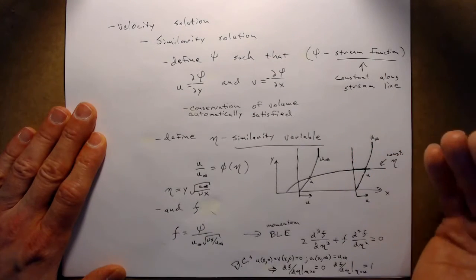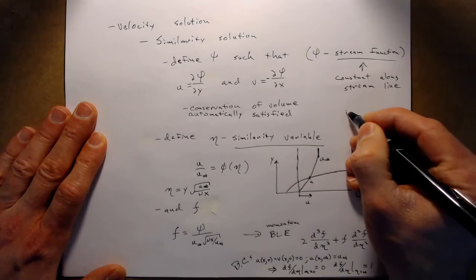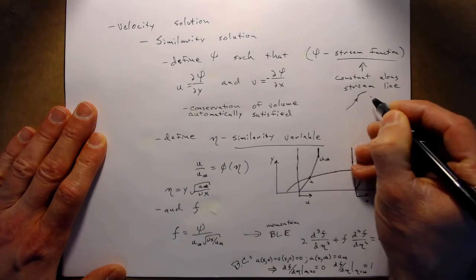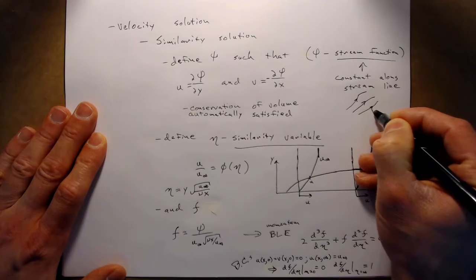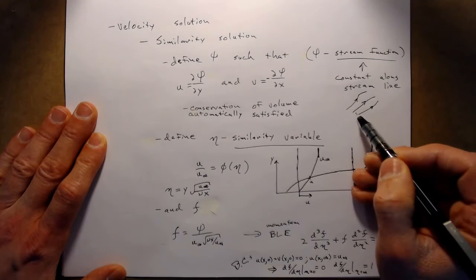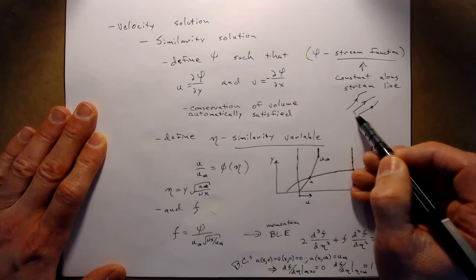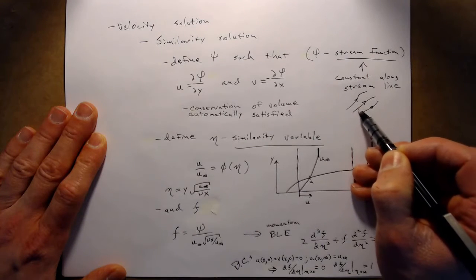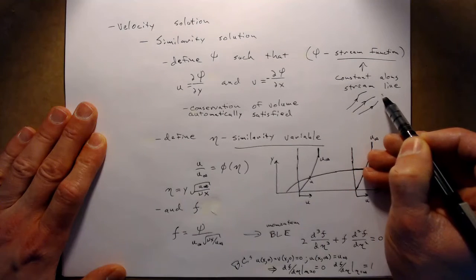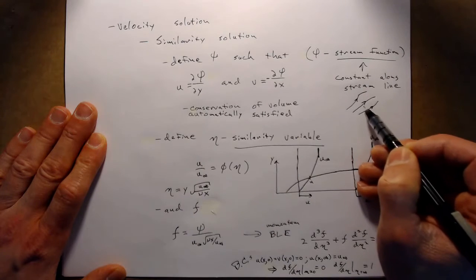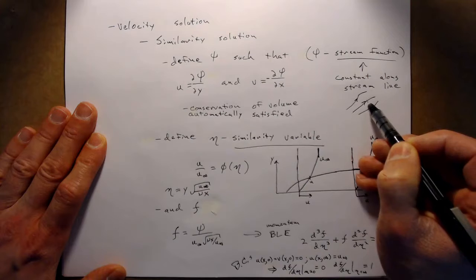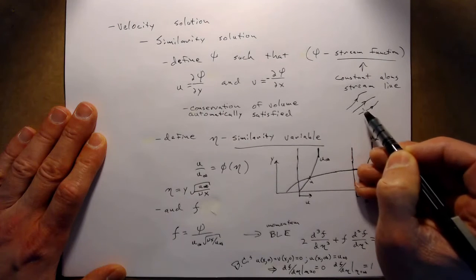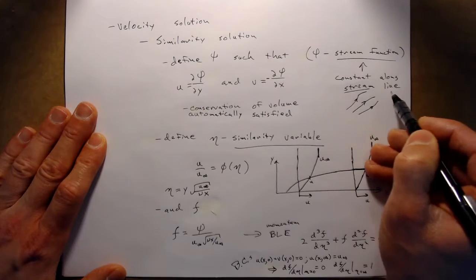And we remind ourselves what's meant by a streamline. A streamline is tangent to the velocity at all points. So if I am a particle and I follow the velocity at all points, I have to be a really light particle so that I don't have inertia of my own, but if I follow a fluid element, then I trace out a line that would describe a streamline.